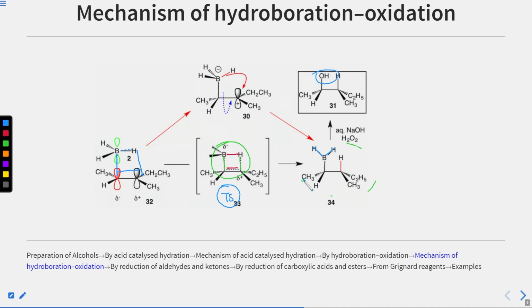So the thing to be noticed here is that since the attack is happening in a concerted manner, there is no formation of an intermediate carbocation. Therefore, it simply follows the rule of steric hindrance. The less sterically hindered the carbon, the BH2 will attack that carbon only. Clear? Now, if you look at the HOMO-LUMO level, I will not go through all the technicalities.